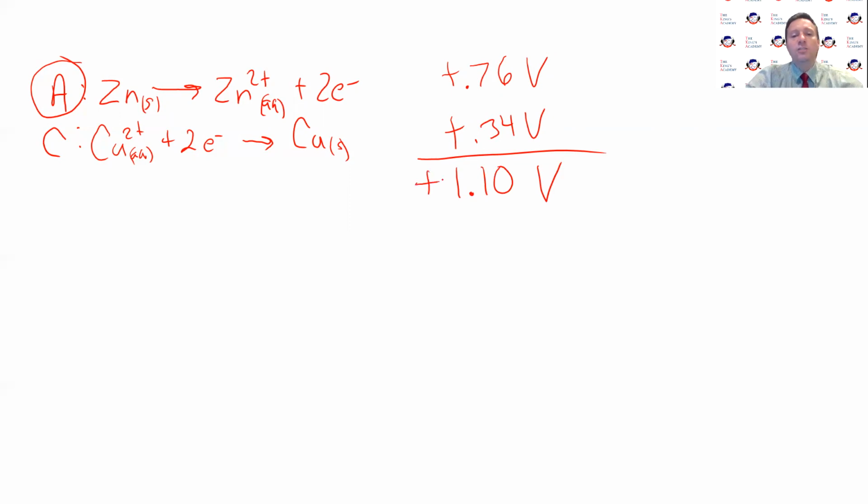So this will run spontaneously until the copper electrode plate is empty. So we have calculated E sub naught, and that is the standard reduction potential.